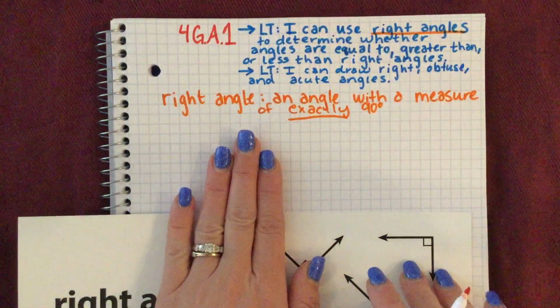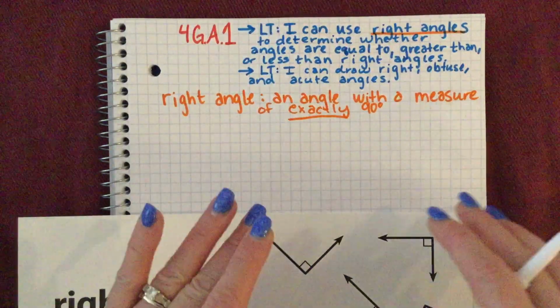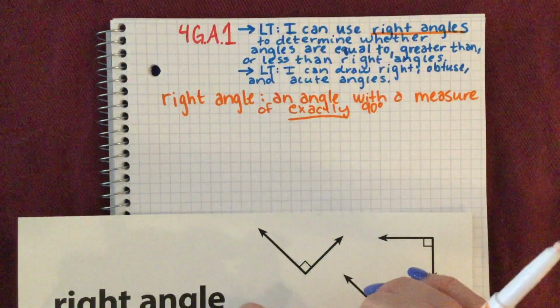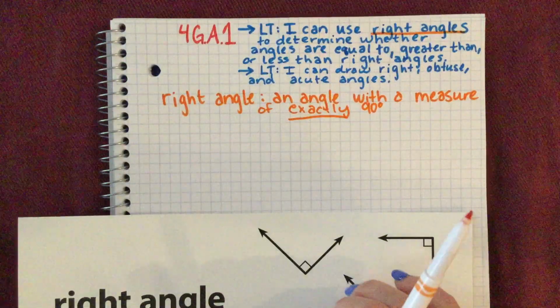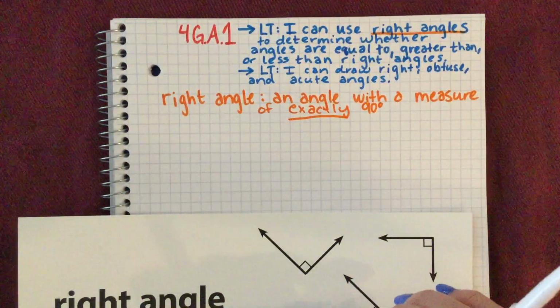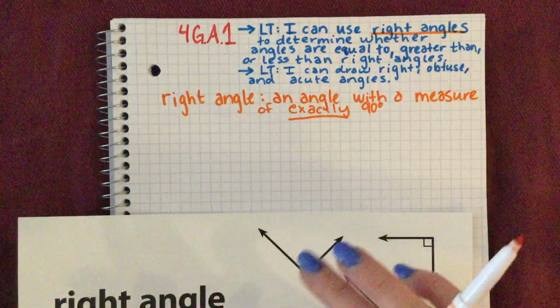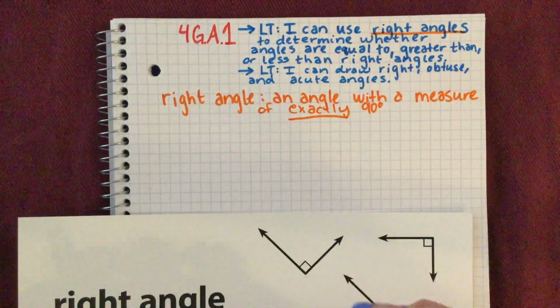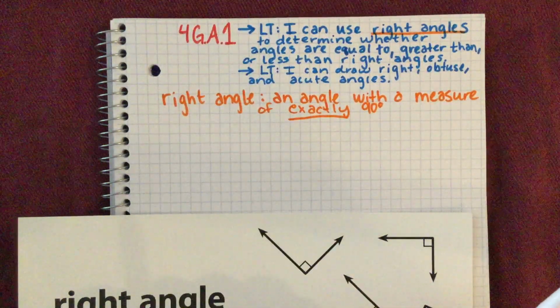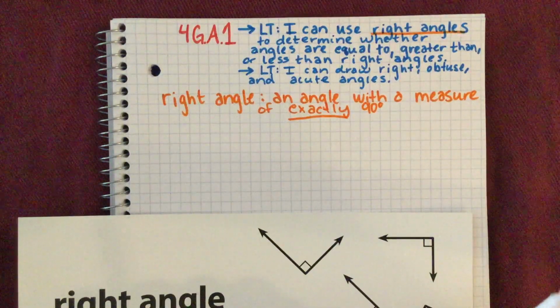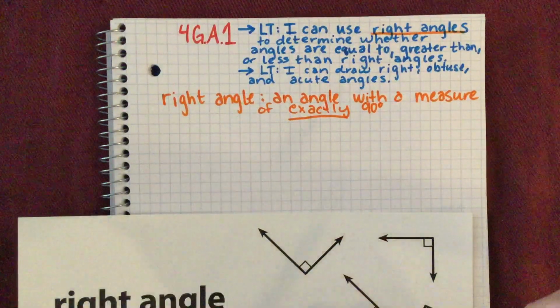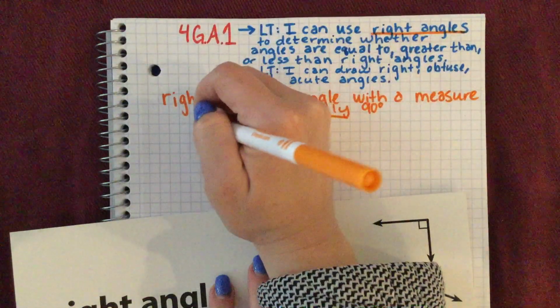So lucky for me, I have graph paper to help me out. If you don't have graph paper, you can use the edge of another sheet of paper. You can use a ruler if you printed one of the ones that I provided for you, or just try to be really careful because I'm going to draw a really straight line segment here and another separate straight line segment to form my right angle. So here's my first line segment.